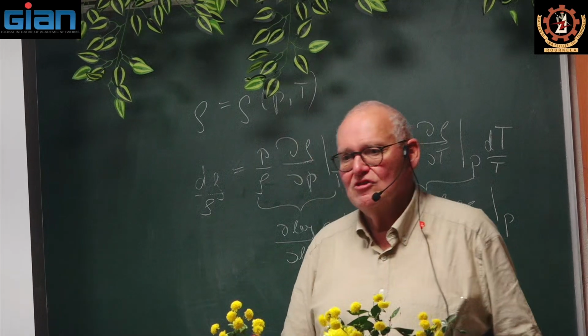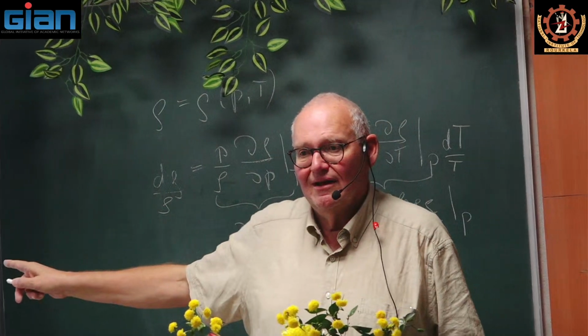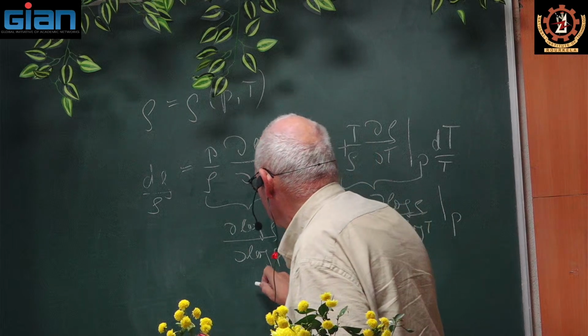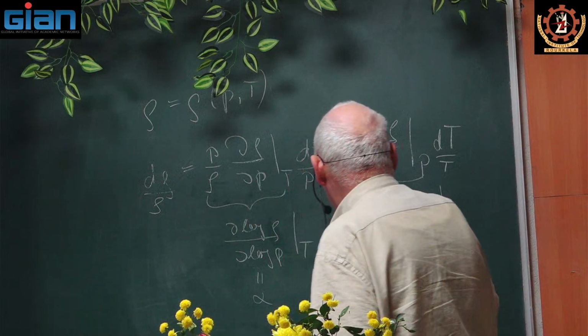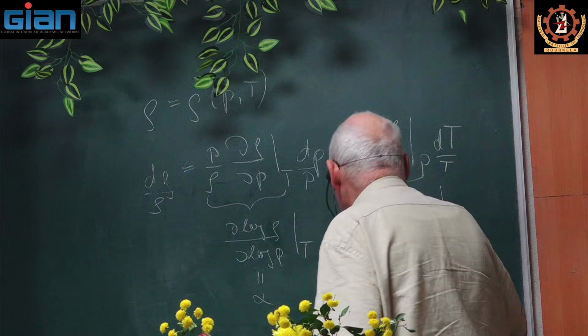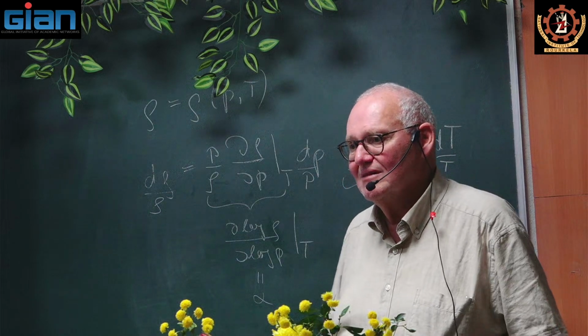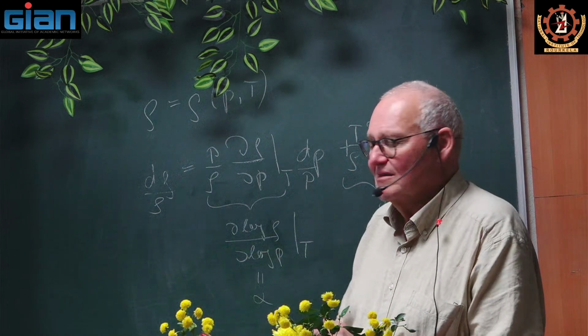And these coefficients are the alphas and deltas. So this is defined as alpha, and this is defined for convenience with a minus delta. This is the definition of these coefficients.